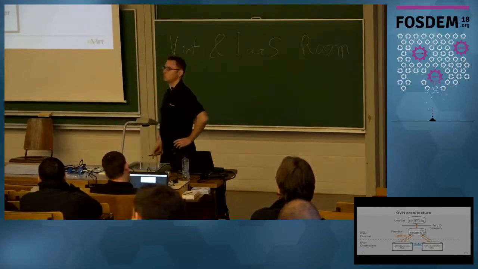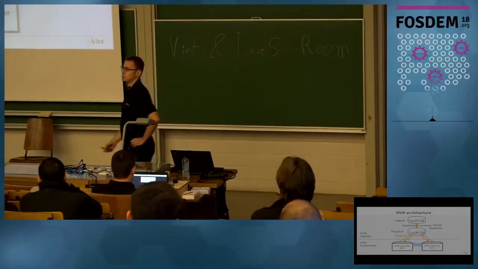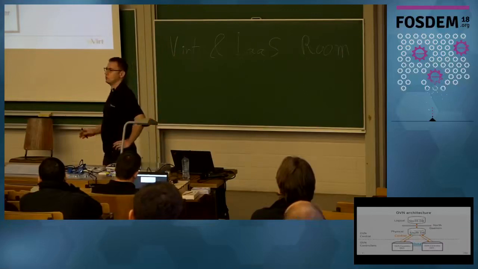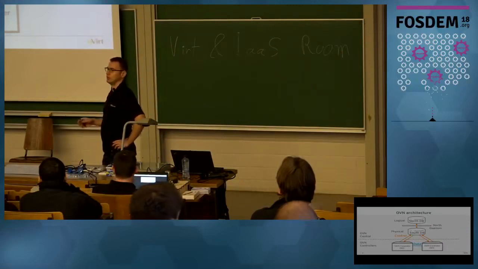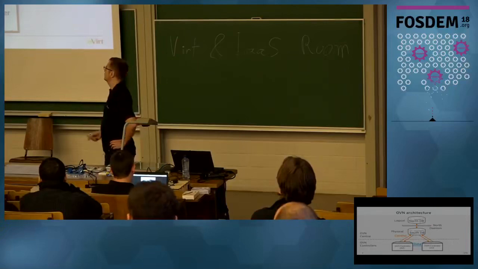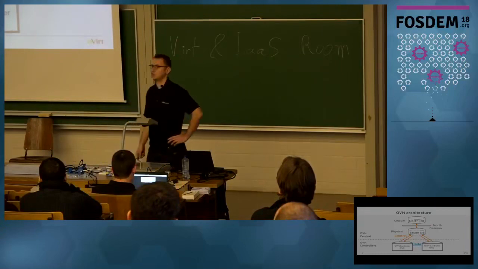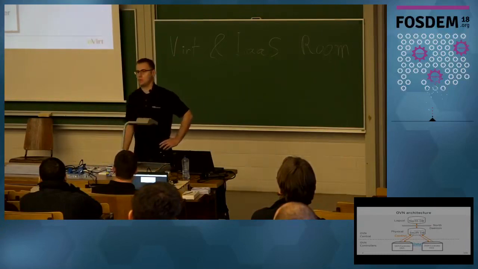We have something called the North daemon. This is a daemon that looks at the North and South databases and updates the South database to mirror the changes to our logical network topology. The other layer is the distributed OVN controller.